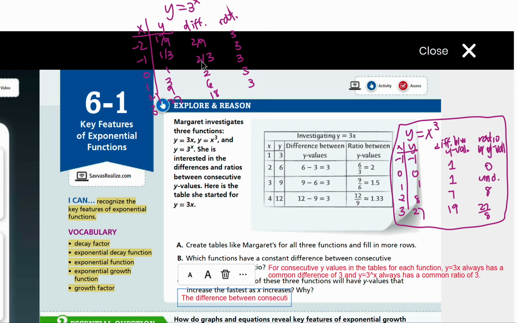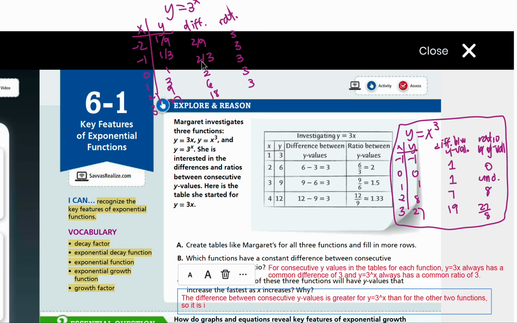consecutive y values is greater for y equals 3 to the power of x than for the other 2 functions.